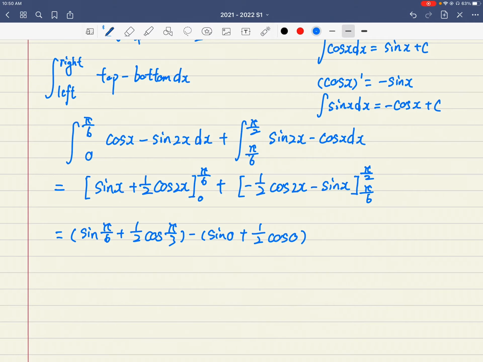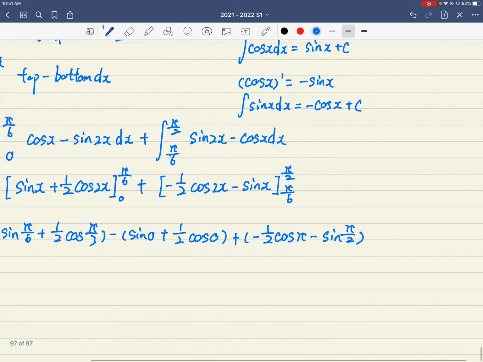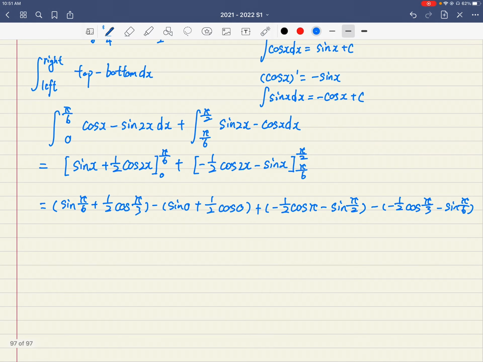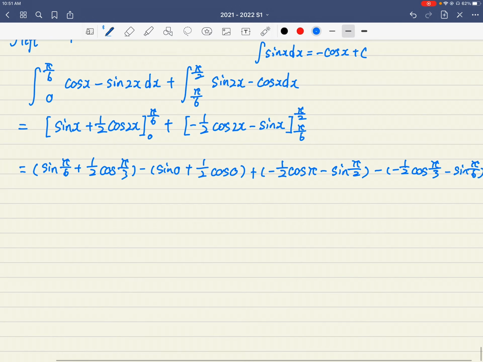This is the first part, top minus bottom. Then plus the second part: negative half cosine of 2 times half pi, so cosine pi, minus sine half pi, minus negative half cosine pi over 3, minus sine pi over 6.